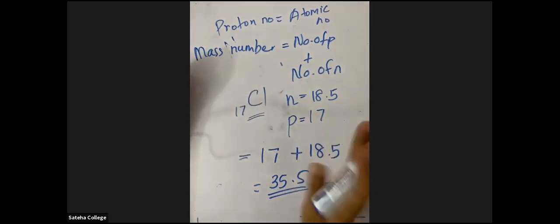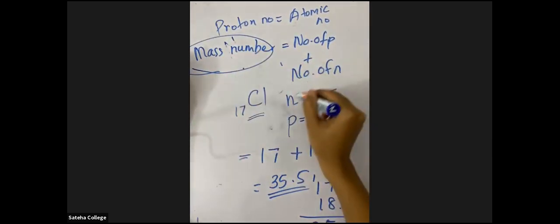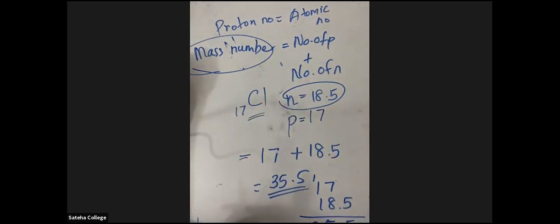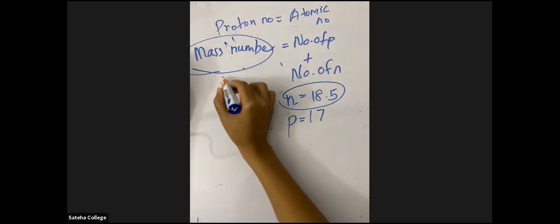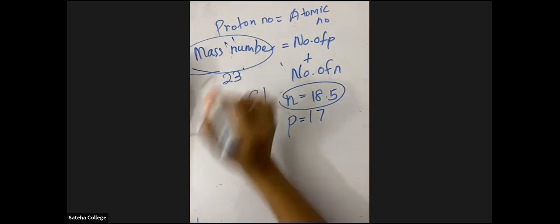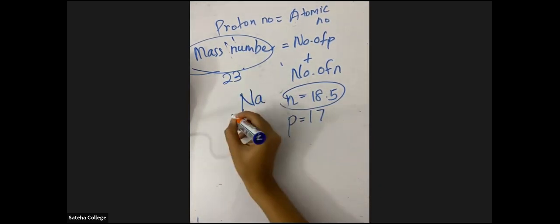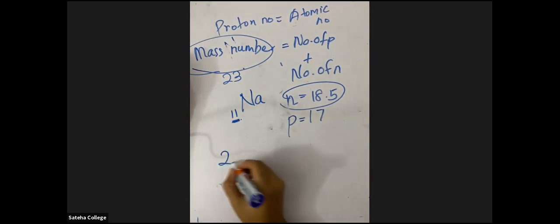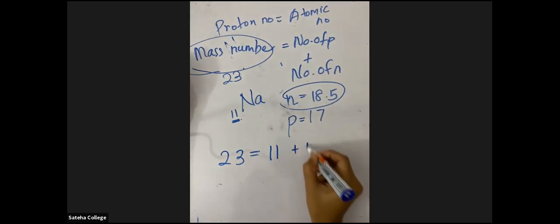Now, this is what they will do in the exam. They will either give you the mass number and ask you to find the neutron number, but they will not directly ask you the neutron number. Say for example, in the exam they have given you the mass number of sodium is 23. Now, you know the atomic number is equal to number of protons. So atomic number of sodium is 11. So 23 is equal to 11 plus neutron.